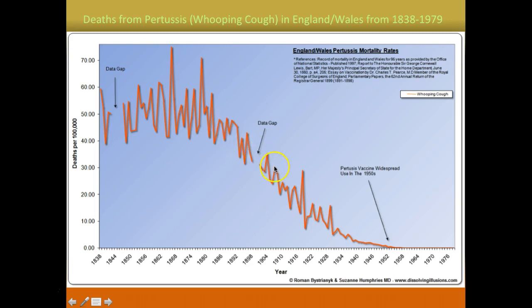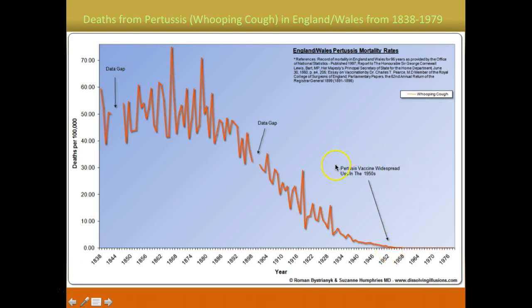And then introduction of sewer systems, indoor plumbing, nutrition, strikes leading to better hours. People are sleeping more and resting more and having more fun with their families. And then down here, by 1952, we have maybe a few handfuls of people dying from pertussis.